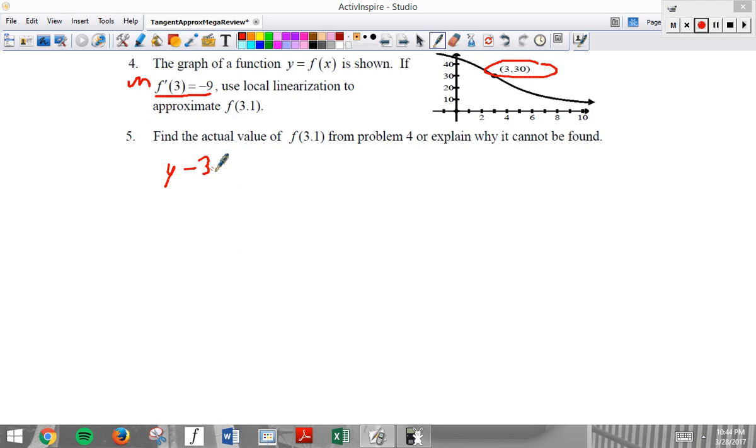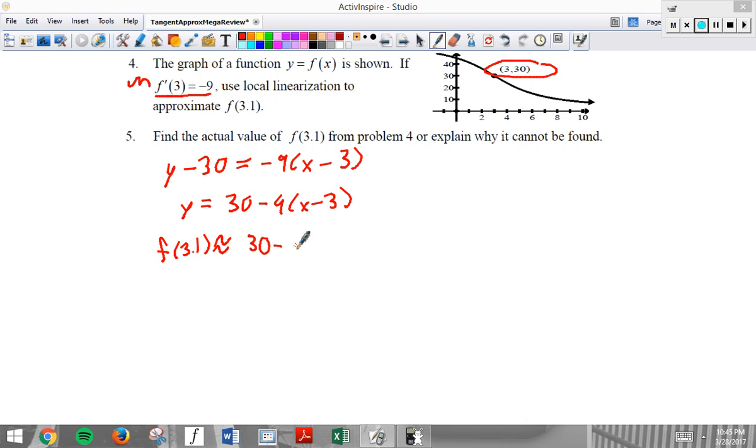Y minus 30 equals -9 times x minus 3. So f of 3.1 is approximately 30 minus 9 times 3.1 minus 3, which is 29.1.